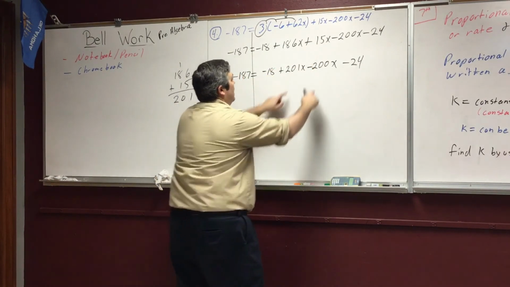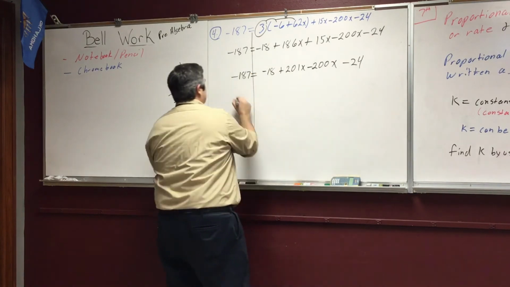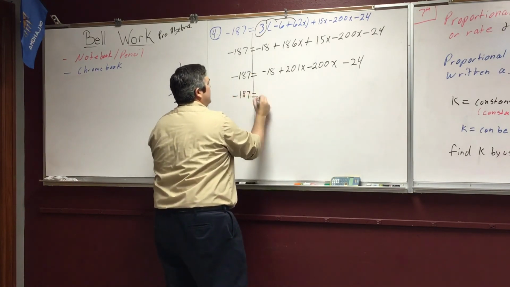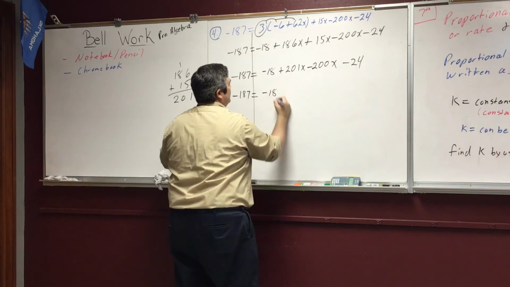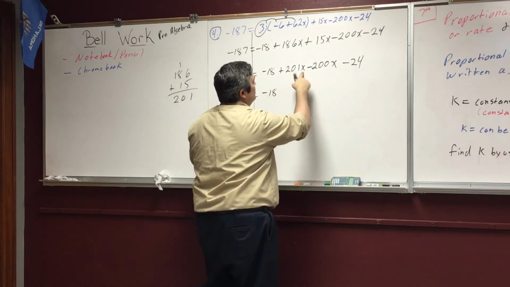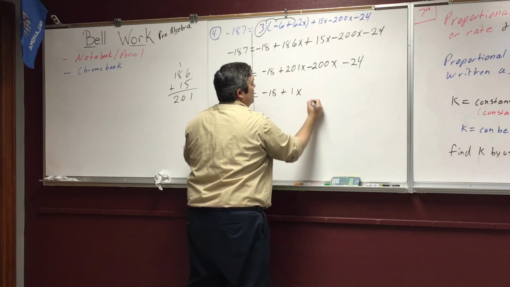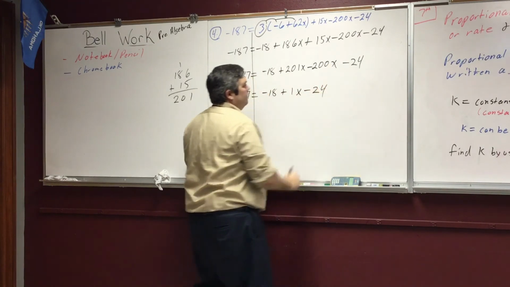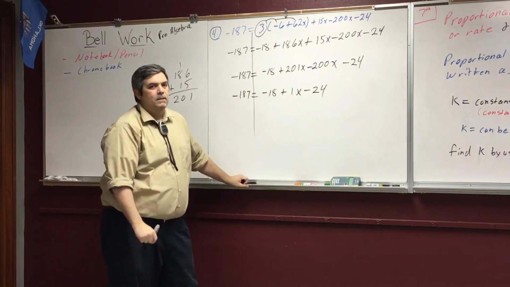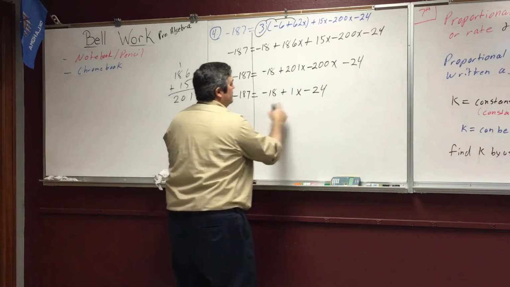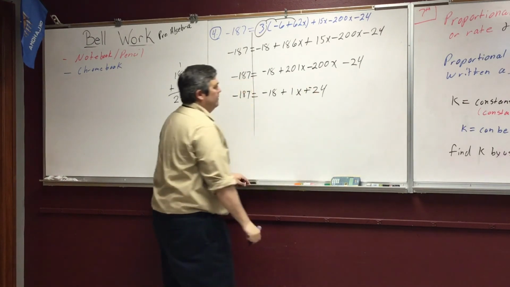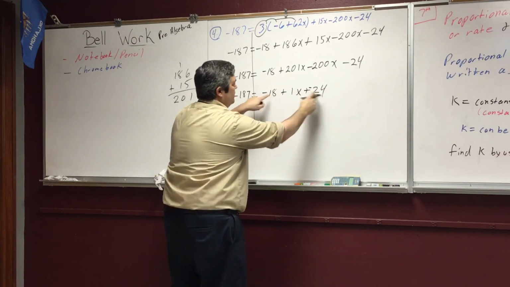Now, I know these two things combined. Okay, so negative 187 equals negative 18. Well, 201 minus 200 gets me 1x minus 24. Okay, so far so good. Now what I'm going to do is I'm going to come over here, click, click, and now I can combine these two things.